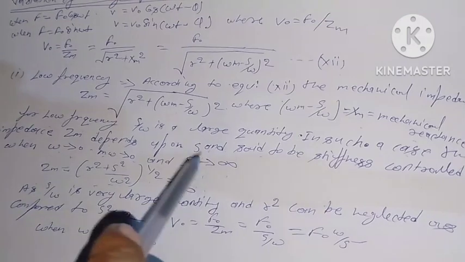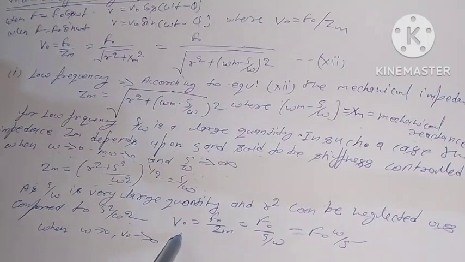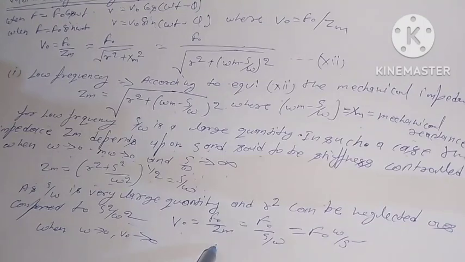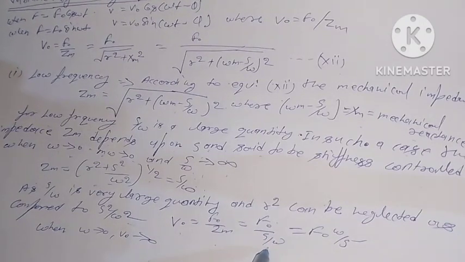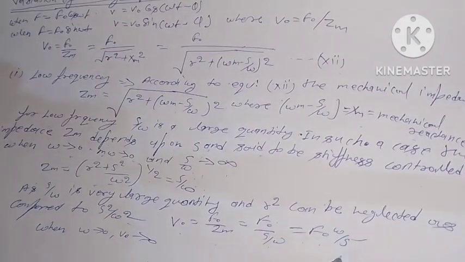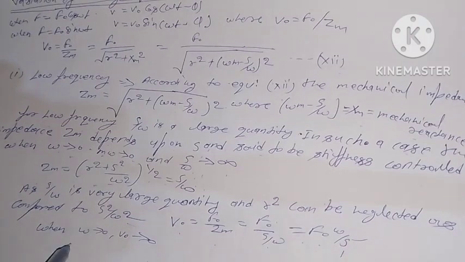As s by omega is a very large quantity and R square can be neglected as compared to s square by omega square, then V naught equal to F naught upon Zm, equal to F naught upon s by omega, equal to F naught omega by s.